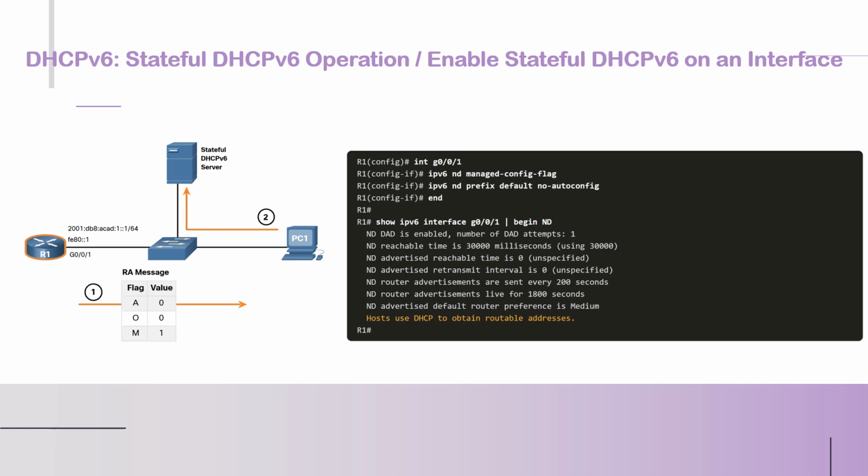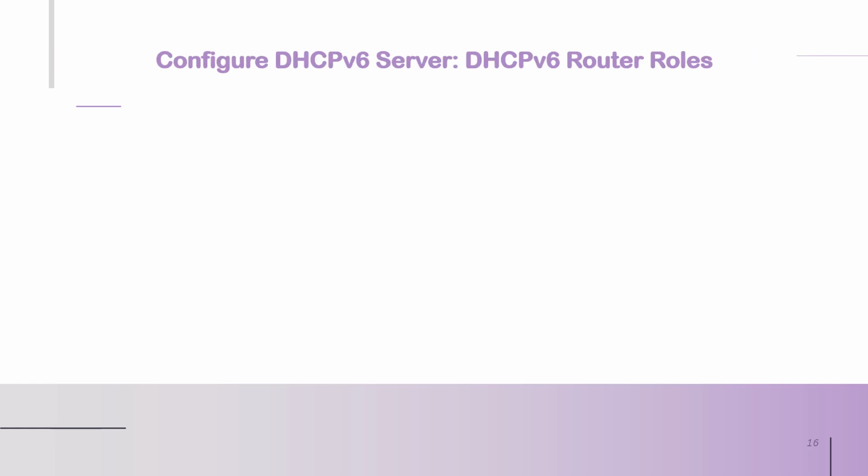So after we are done with the information about stateless address auto configuration and the two versions of the DHCP version 6 server, stateful and stateless, now let's start configuring the DHCP version 6 server with all its roles, because Cisco IOS routers are powerful devices, and in a smaller network you do not have separate devices to act as a DHCP version 6 server, client, or relay agent.